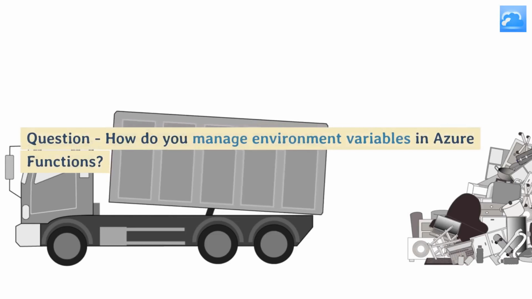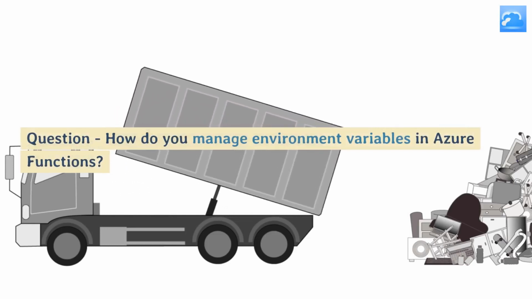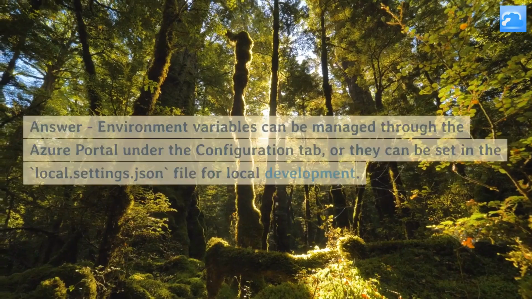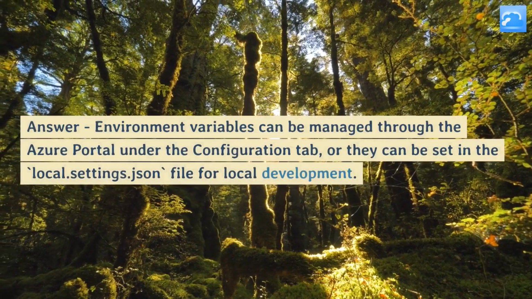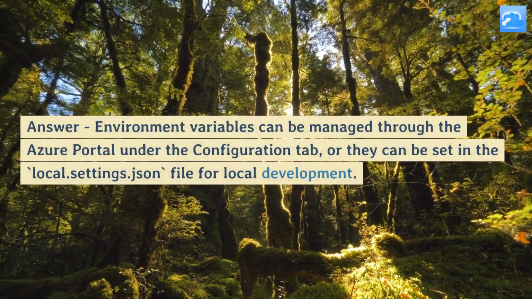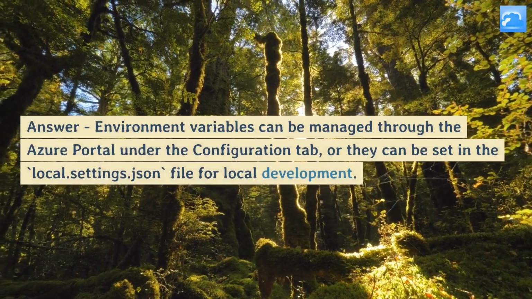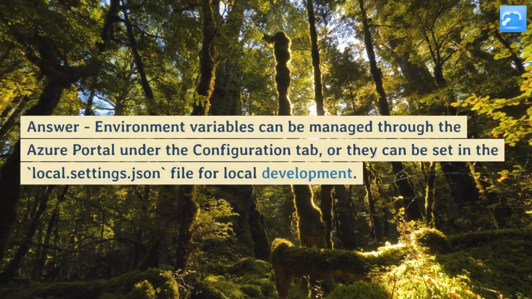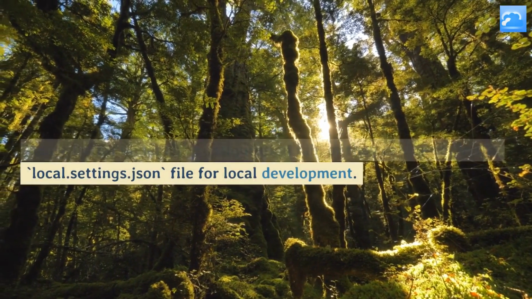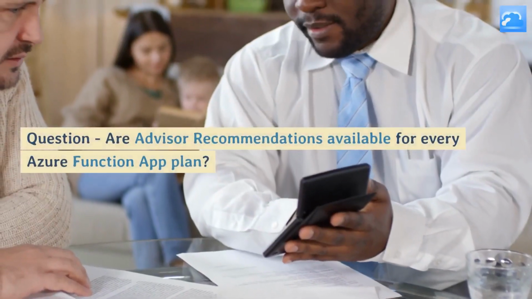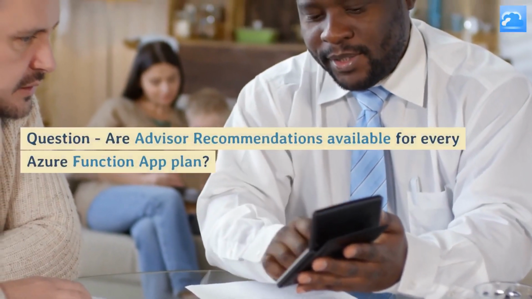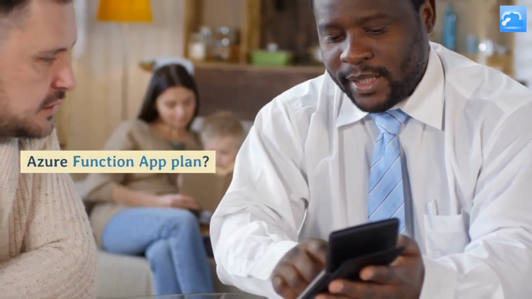Question: How do you manage environment variables in Azure Functions? Answer: Environment variables can be managed through the Azure portal under the Configuration tab, or they can be set in the local.settings.json file for local development. Question: Are Advisor recommendations available for every Azure Function app plan?